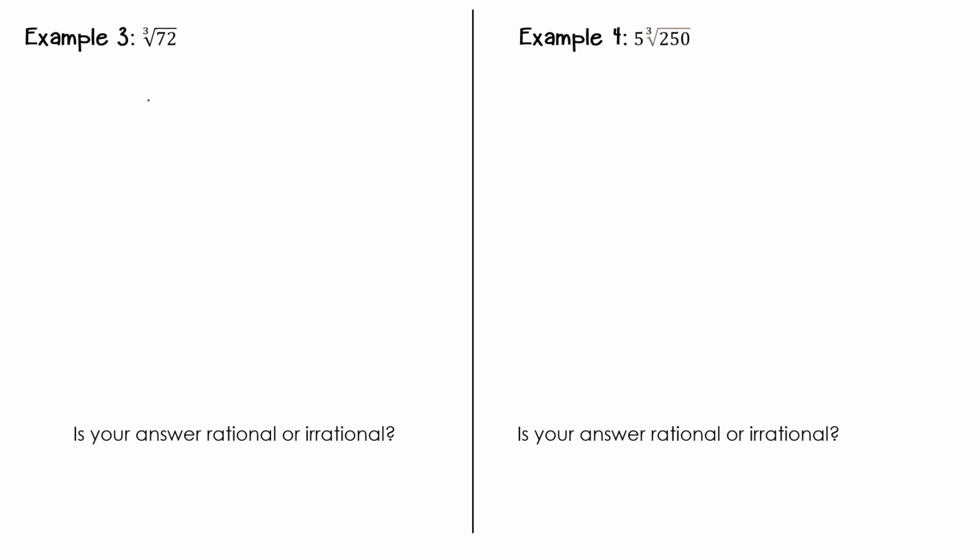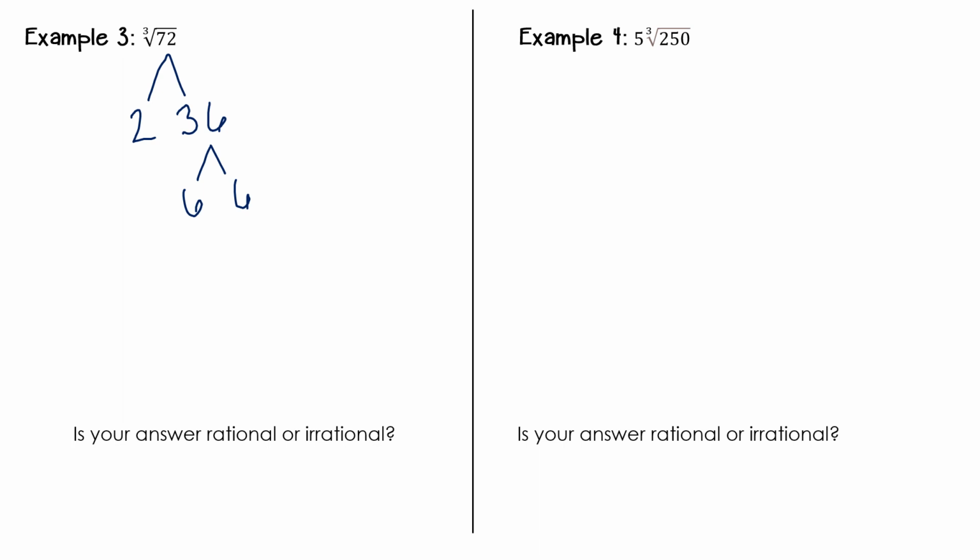So for 72, I'm going to break it down into 2 times 36. And then what some people are going to do is, okay, well, that's great. This is 6 times 6, and then I can circle those. Again, I'm looking for triples on this problem. So that helps breaking it down into 6 and 6, but I can't stop there and circle those because I don't have a third 6.